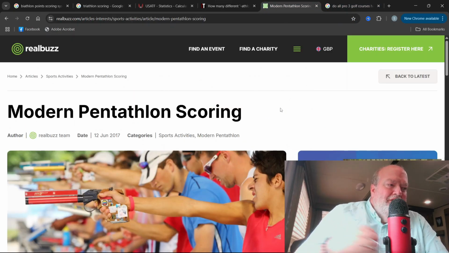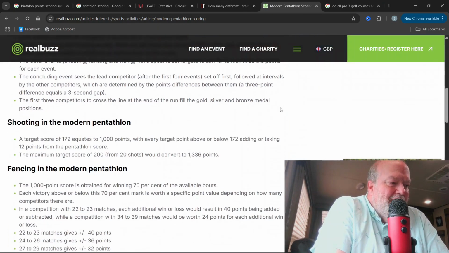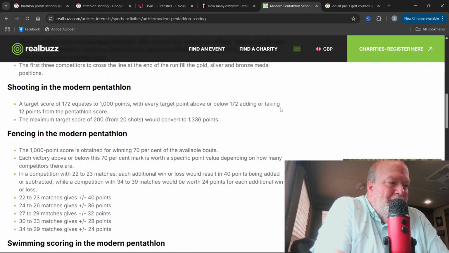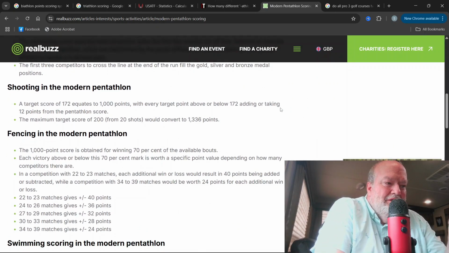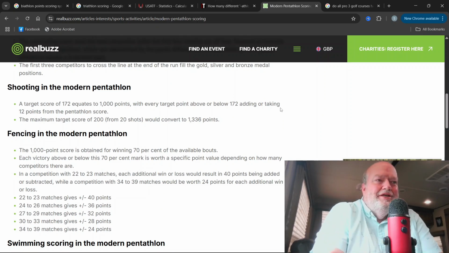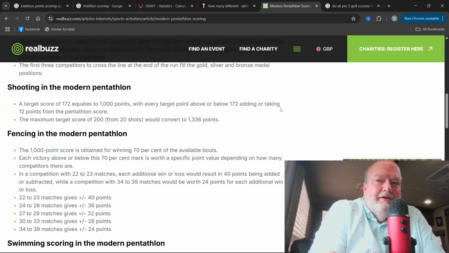The modern pentathlon scoring is probably similar to what it is. So, you have shooting and fencing. Shooting, you get a target score equal to 1,000 points, and I think 1,000 points is probably a good starting point. So you have 1,000 points as the maximum, and you go from there.